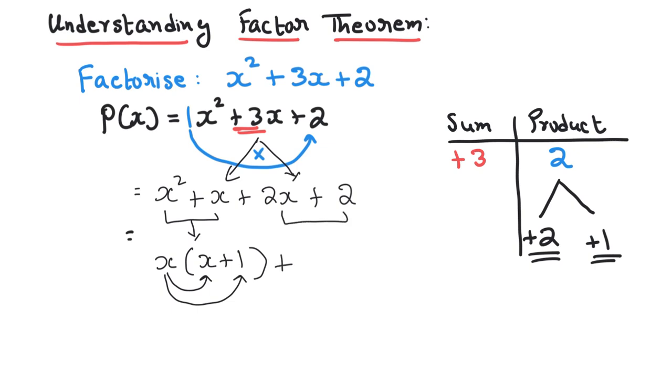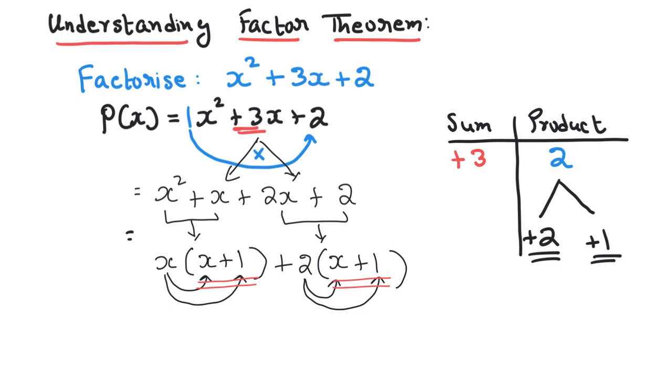Let's factorize this. What's common in both? 2. So I remove 2 out. What remains in the bracket? 2 times what will give me 2x? X. Plus 2 times what will give me 2? 1. So now observe. What's common in both these terms? X plus 1.